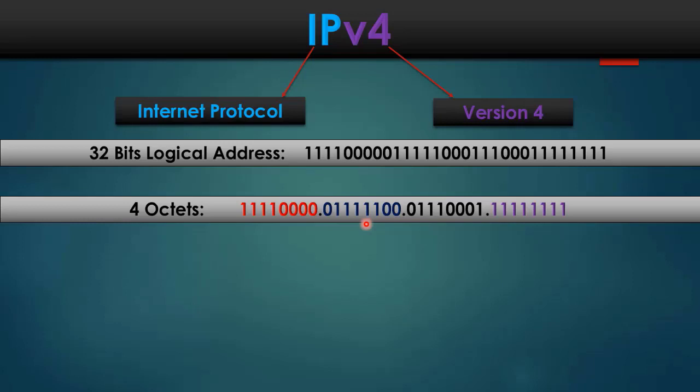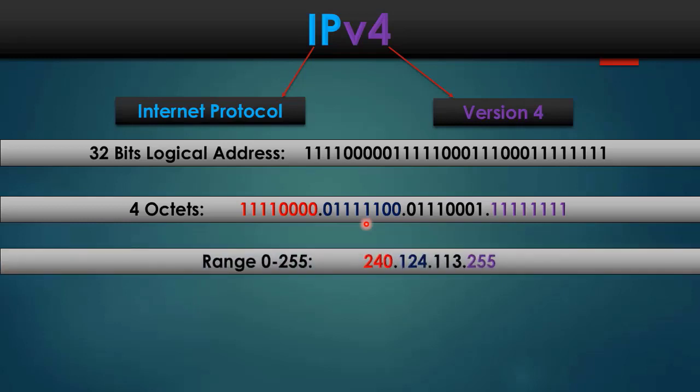Here, the range is in the decimal number system, which is easy for us to understand and easy to write IP version 4 in, while the binary number system is difficult. So the minimum range is 0 and the maximum range is 255.